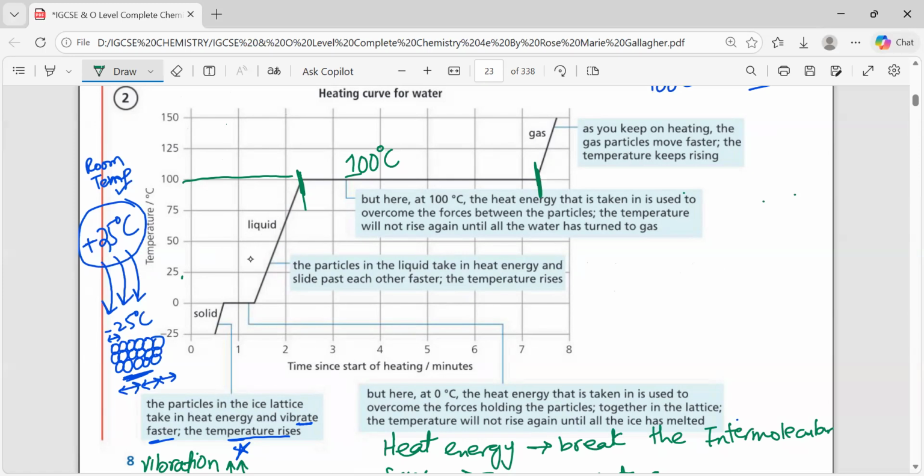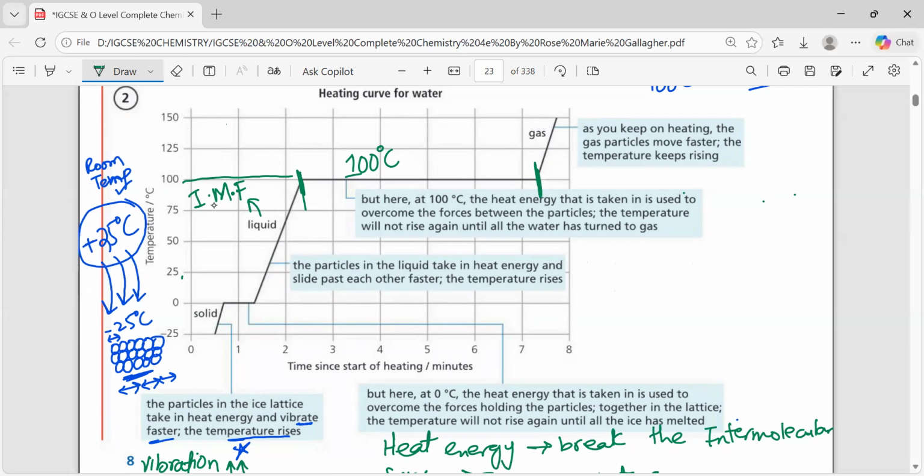We have discussed in the first class that in the solid there are strong intermolecular interactions, then in liquid there are intermolecular interactions present also, right? Keep this in mind. So what will happen at 100 degrees Celsius?